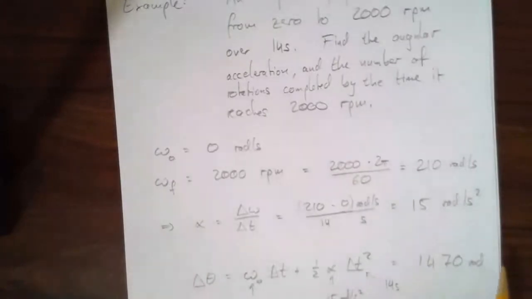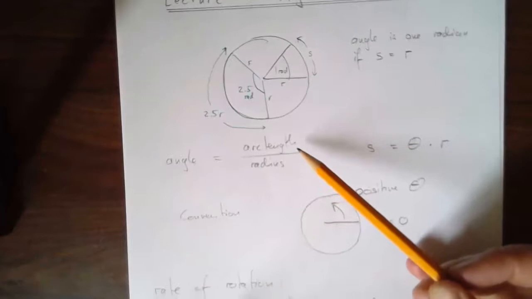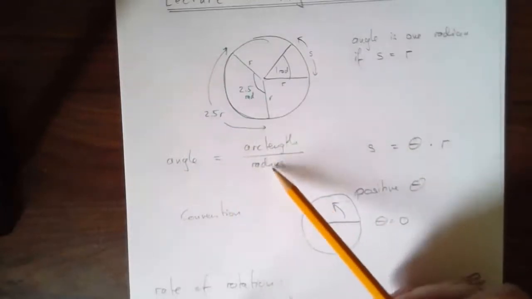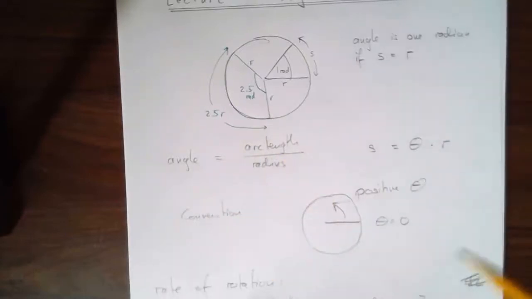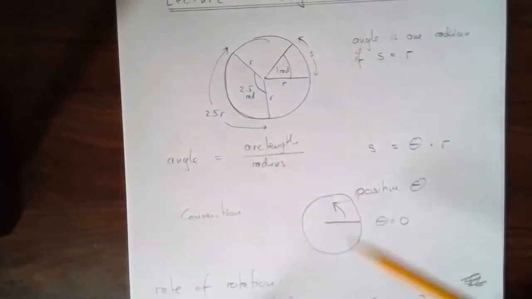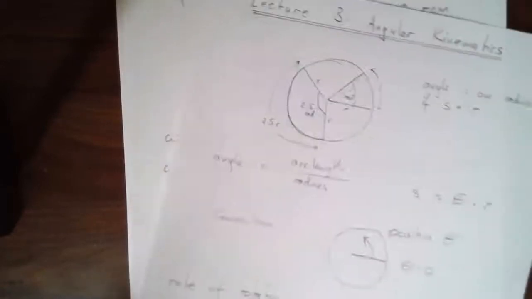Let's go back to the beginning. A radian, right, was defined as a ratio of sides, meters. So angle really doesn't have any units at all. It's a ratio of lengths. But we write radians, rad, as our unit.